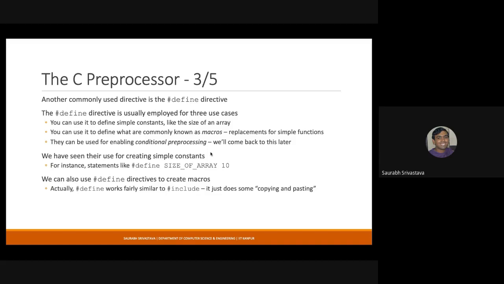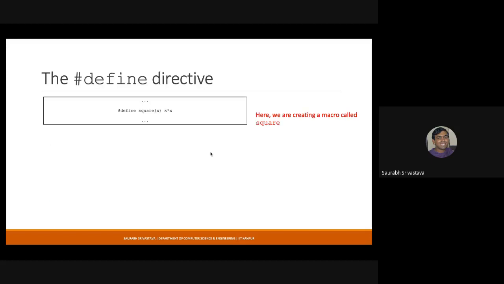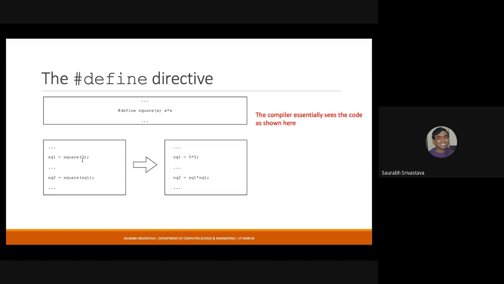Macros are some kind of inline functions where a particular code gets replaced by something else. This is a simple example. I'm defining a macro called square, where x is a parameter, and whenever I type square 5, it gets expanded into 5 into 5. Your compiler will always see this expanded form, not the macro.